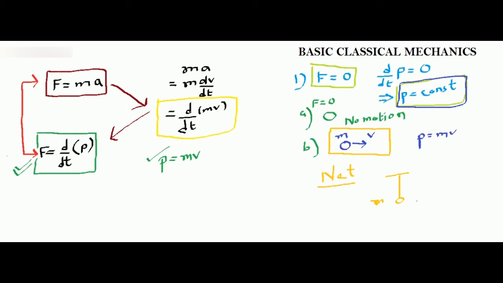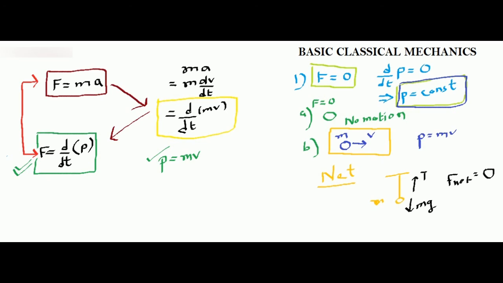Now that is a lie, because the earth is pulling it with a force mg, and the tension is balancing the force. So in this case, if there is no motion, then the more precise statement is that the net force is 0.